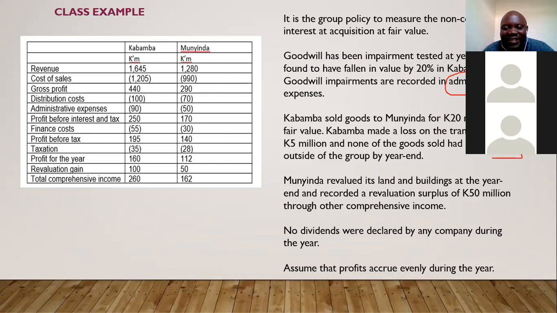Munyinda revalued its land and buildings at the end and recorded a revaluation surplus of 50 million through other comprehensive income. So here, all these, you are going to prorate them, and you take into consideration whatever interest that you have.